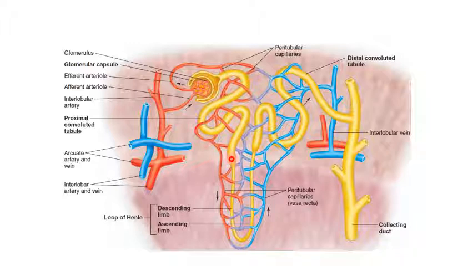All those substances which are reabsorbed through the walls of the renal tubule are taken up by the peritubular capillaries, because of their very low pressure.